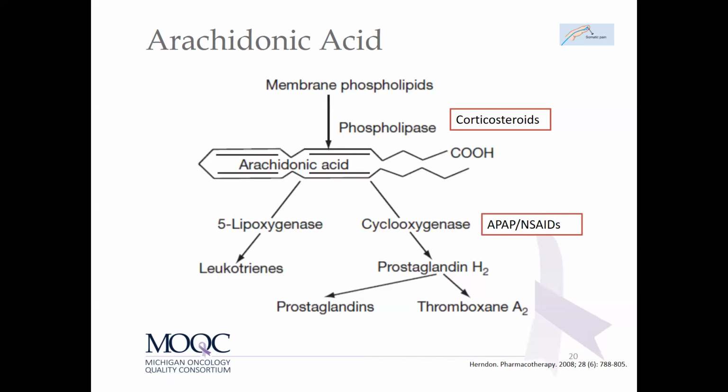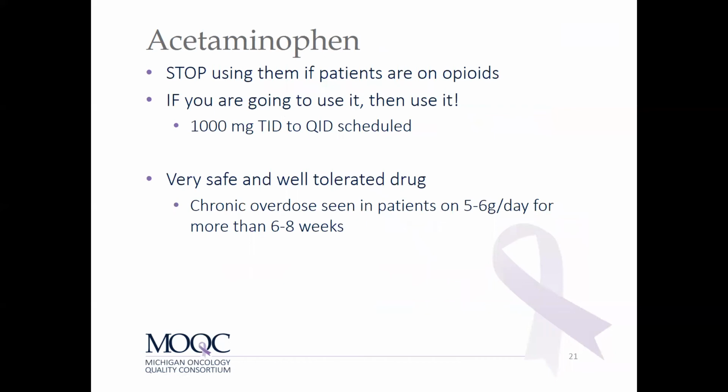So there's really no need to be using both steroids and NSAIDs. You can certainly use steroids and acetaminophen, because acetaminophen also appears to work centrally. So this is not its only mechanism of action, but it is the only mechanism of action of an NSAID.